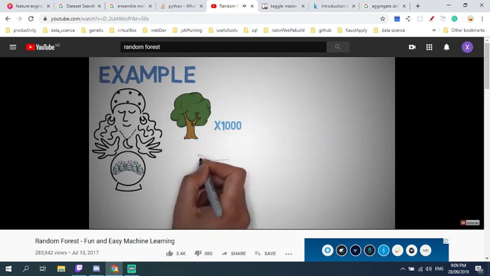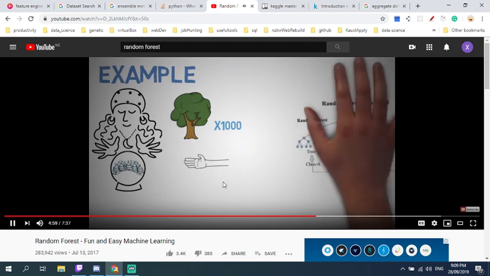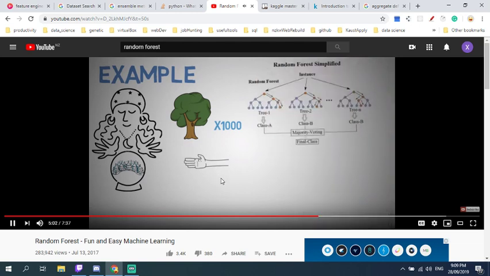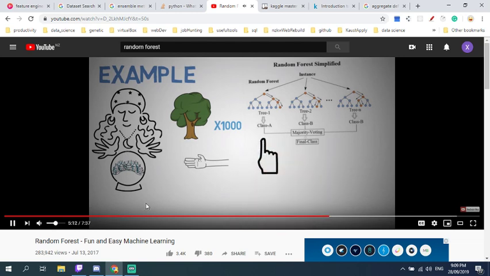Say we're detecting if an image contains a hand. Each tree will predict a different outcome or class for the same test feature. A small subset of the forest will look at a random set of features, for example a finger. Suppose 100 random decision trees predict some 3 unique targets, such as a finger, thumb, or maybe the palm.